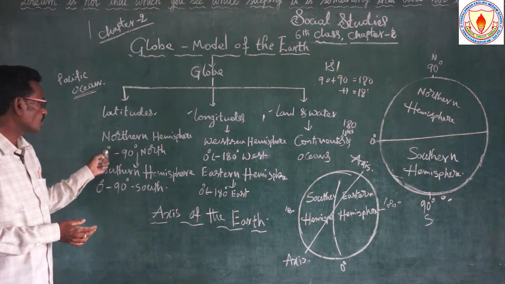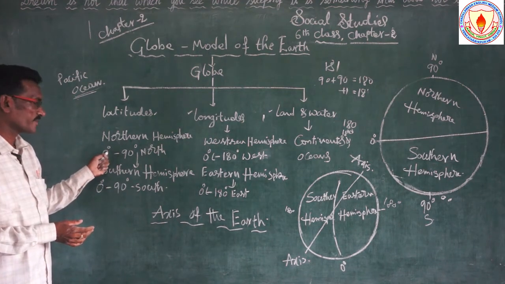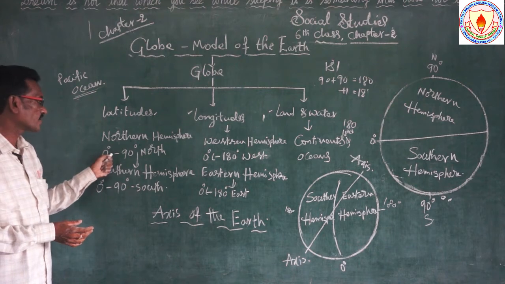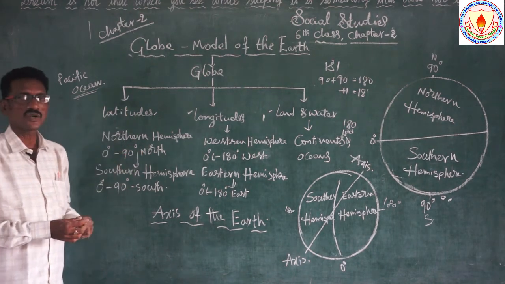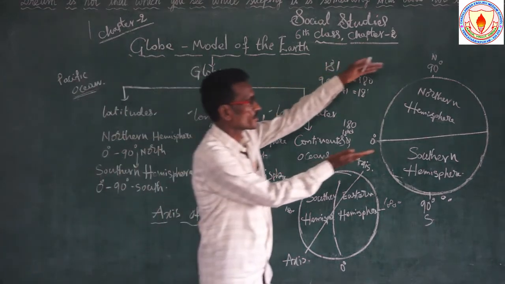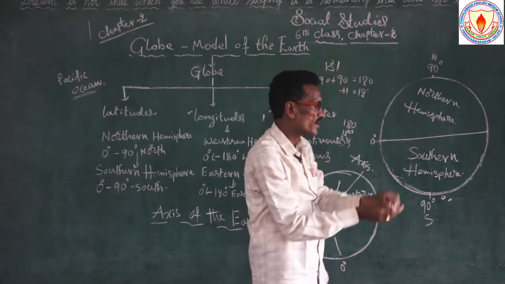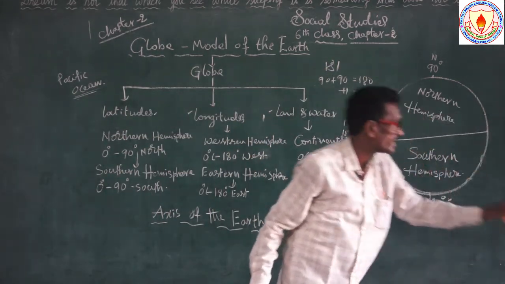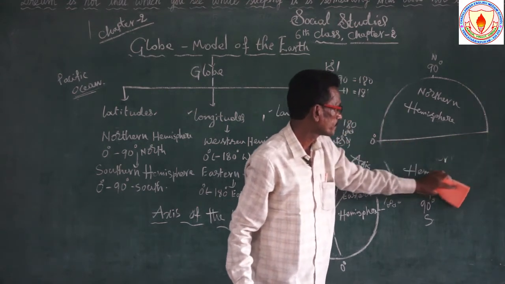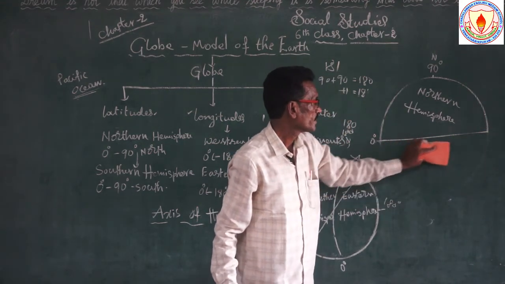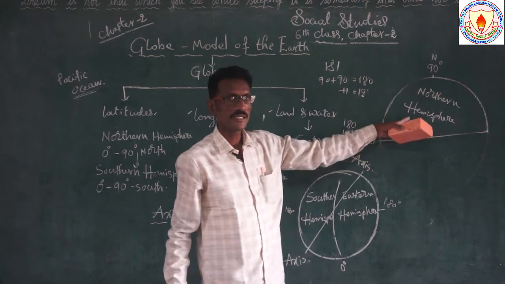From 0 degrees equator to 90 degrees north pole, it is called the northern hemisphere. What is this part called? The northern hemisphere. See here, this is the northern hemisphere.